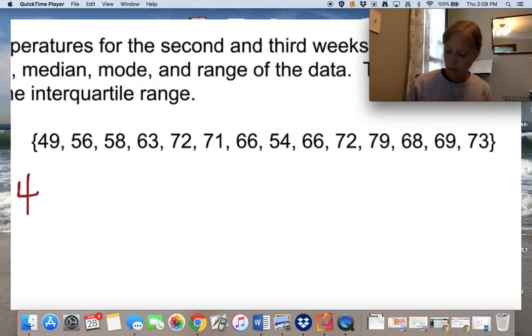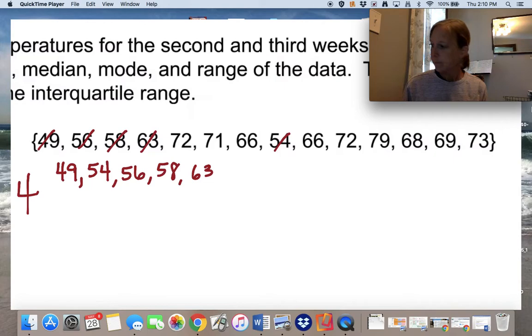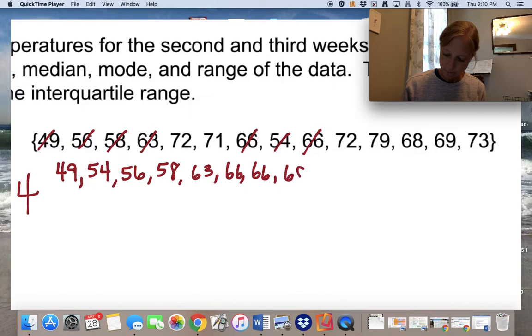So I've got 49 as my smallest, 54, 56, 58, 63, 66, I think I see 2 of those, 68, 69, 71.